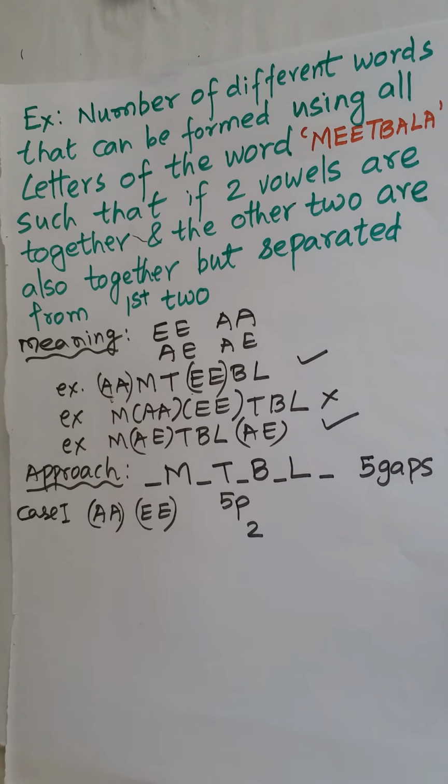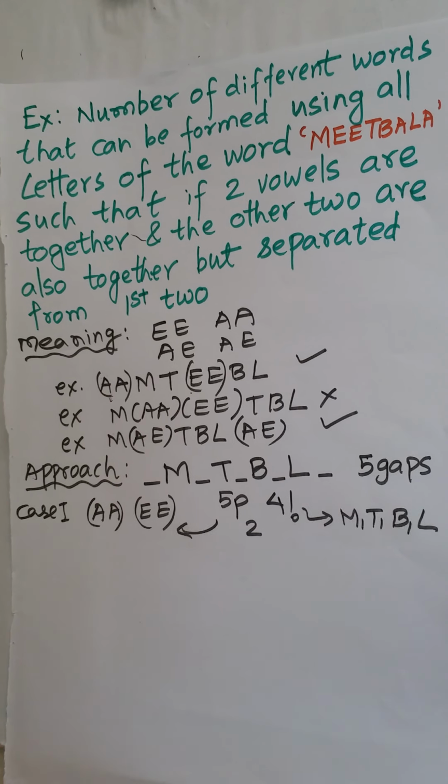After putting AA, EE in any 2 of the given gaps, the other gaps will cease to exist. So MTBL, wherever they are, can be arranged in how many ways? Yes, 4 factorial ways.